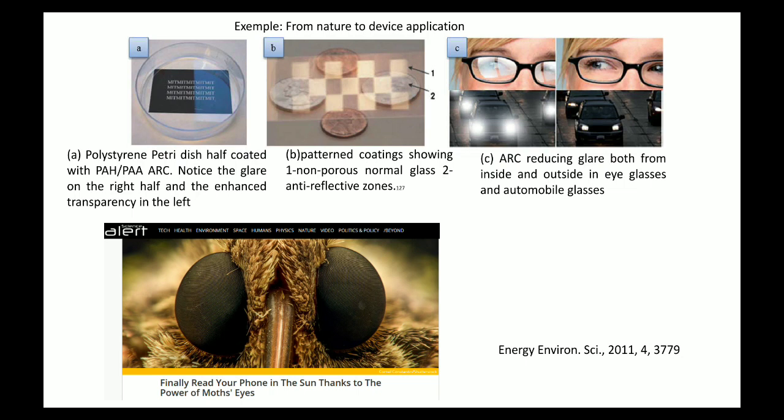So the transparency goes down. The information coming from the screen is not able to reach your eyes because the reflection of sunlight is very high.